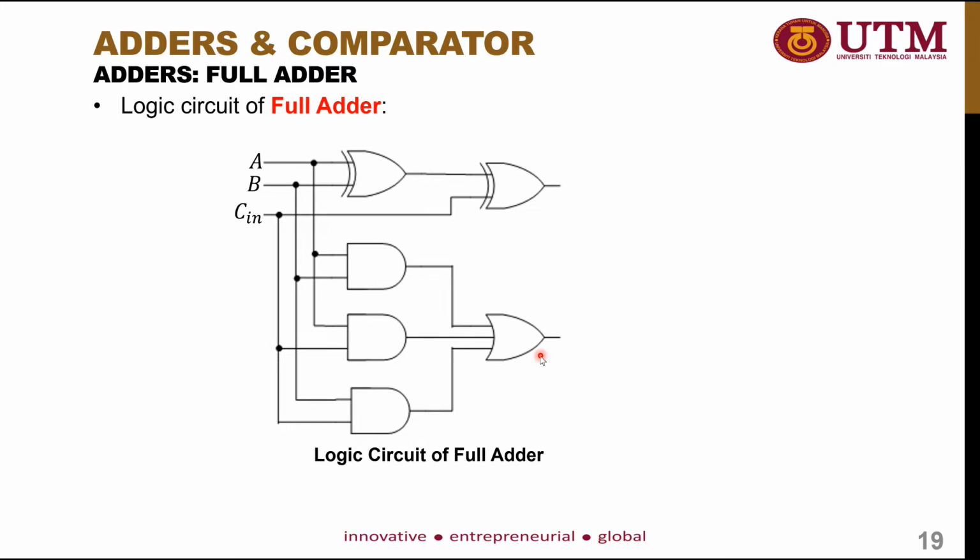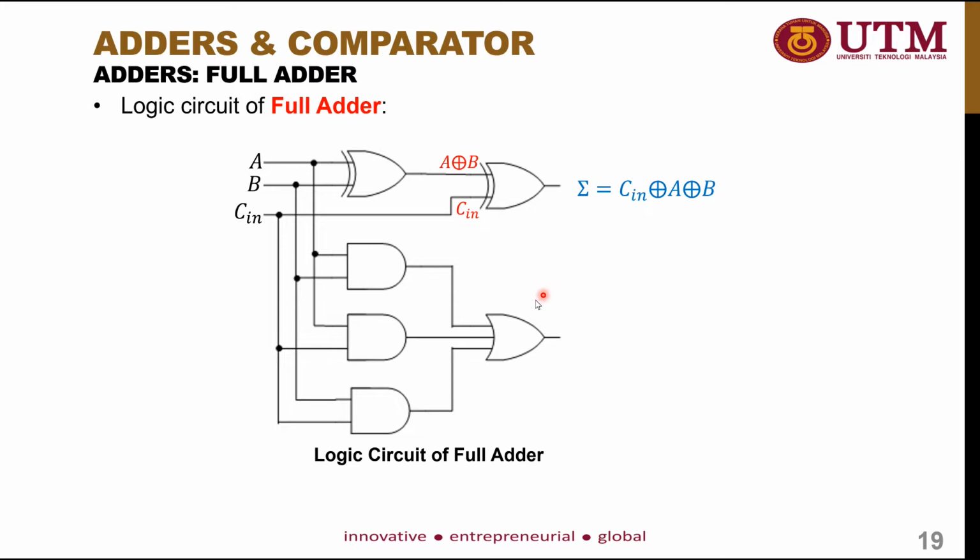To get the expression, we combine A and B into an XOR gate, and we get A XOR B. Then Cin will be directly connected to the second XOR gate. So the output that you will get is the equation of the sum. Sum equals Cin XOR with A XOR B.